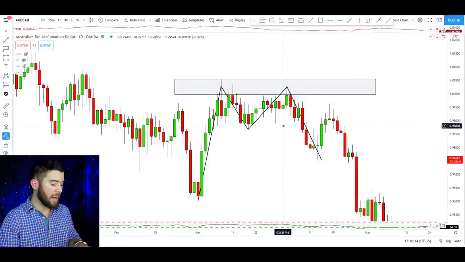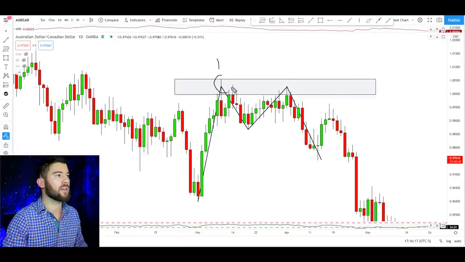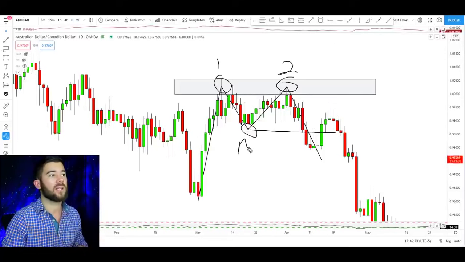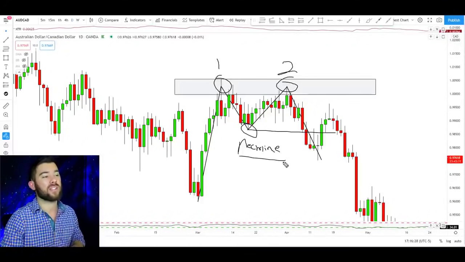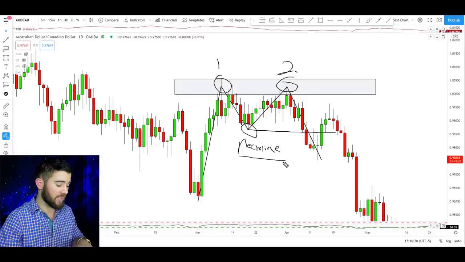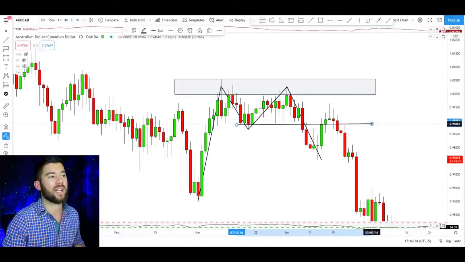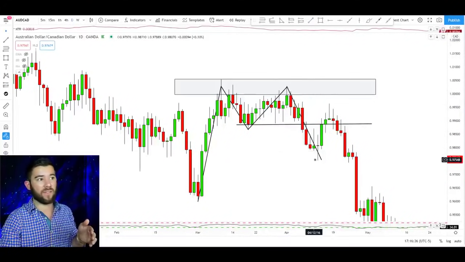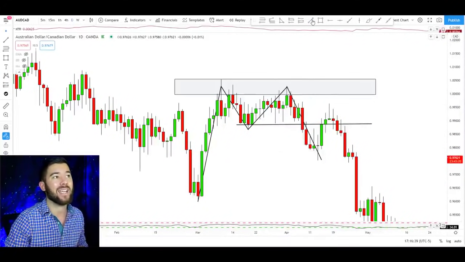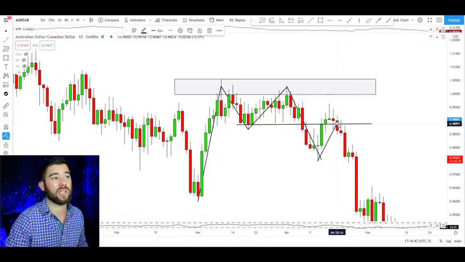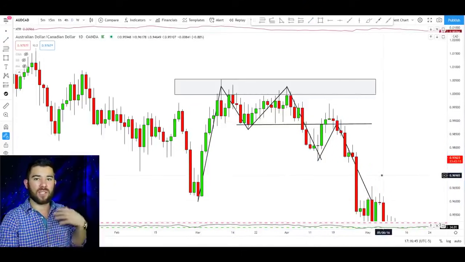So on a double top, we have top number one right here, we have top number two right here, and the support level that was created after top number one is known as our neckline. We need that neckline to break to validate that this is actually a double top. And the way I said we were going to be trading these today is by waiting on a pullback after that validation, after that break. We want to see a pullback into our level of support, and that's where we're going to be placing possible trades and looking for the continuation down.